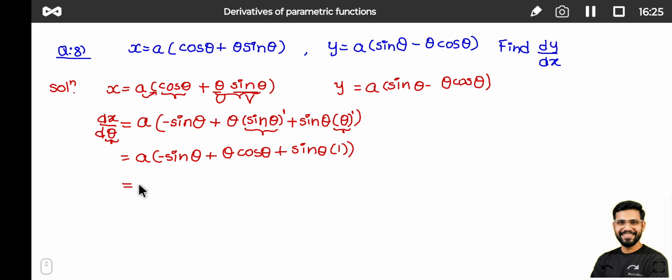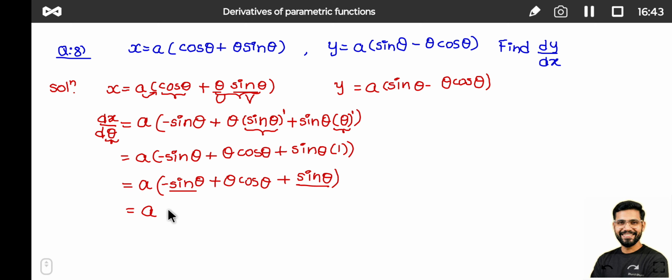So if we solve this bracket, we will get a inside the bracket, minus sin theta plus theta cos theta plus sin theta into 1 which is sin theta. So inside this bracket minus sin theta plus sin theta will be 0. So a into theta cos theta, only this term will remain. Okay, so this is the value of dx upon d theta.